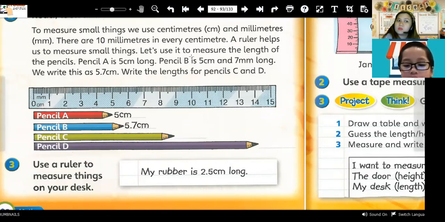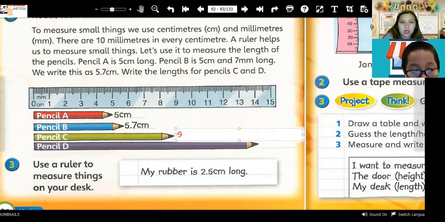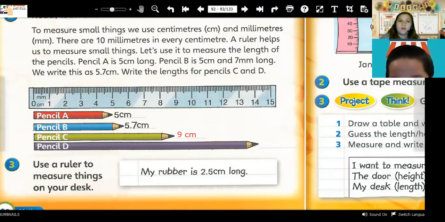Pencil C is 9 centimeters. Okay, very good. That's correct. So pencil C is 9 centimeters long. How about pencil D? Let's try to measure it so that you can see well.